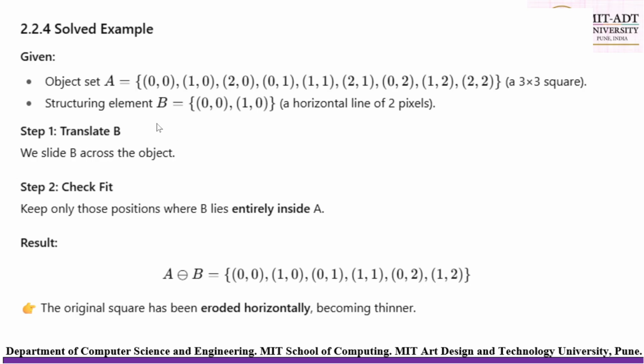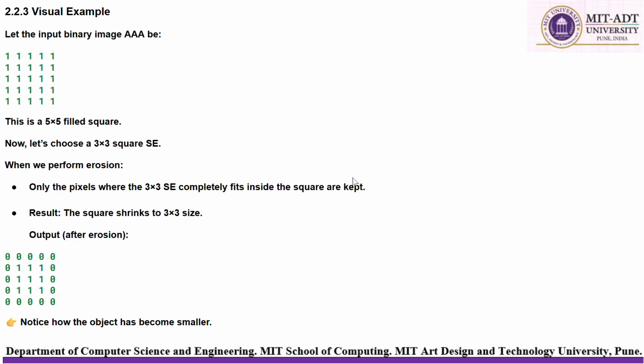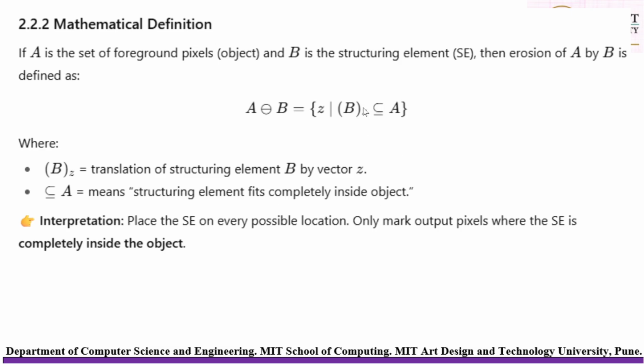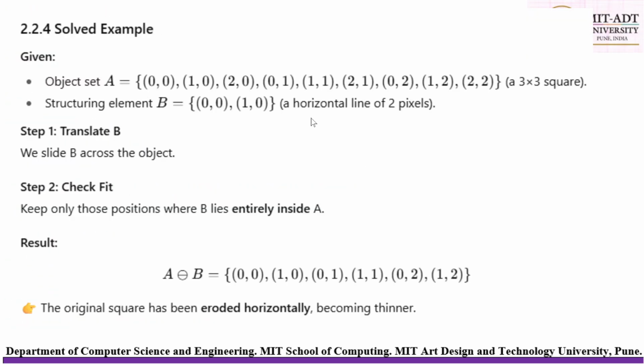This is nothing but a horizontal line of 2 pixels. If we perform erosion on it, step 1, as per the mathematical definition, is to perform the translation. I need to compute B z, which is the translation of the structuring element by a vector z.